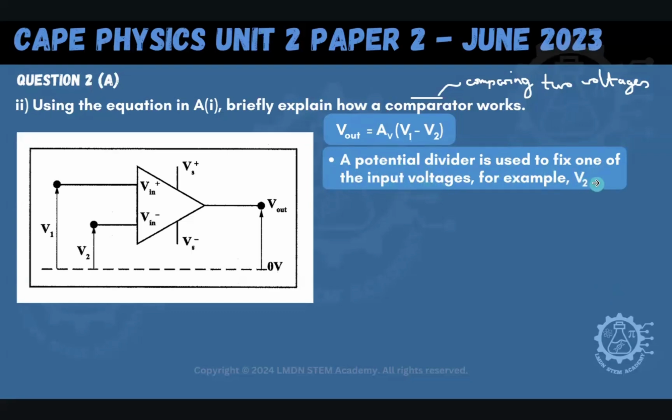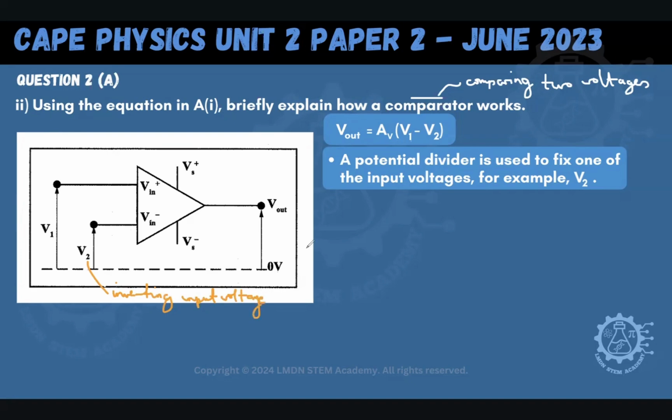For example, we might be fixing our V2, which we said is going to the inverting input. So let's label it on here: that's our inverting input voltage. That's what V2 represents.